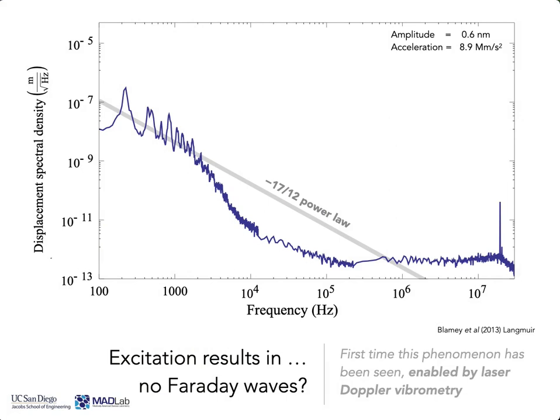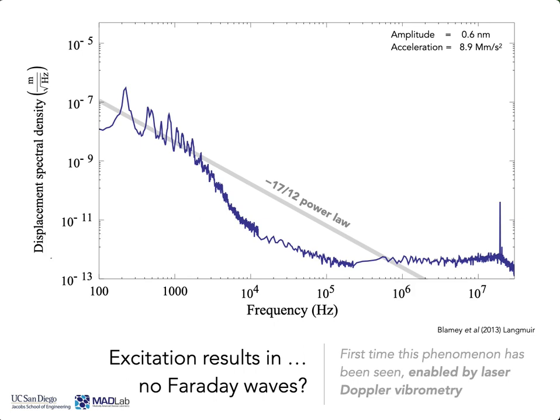But back to atomization, when we go through the trouble of exciting the fluid surface at, say, 20 to 25 megahertz, shown with a very narrow, large peak at the right-hand side of this plot, we see that there are actually no Faraday waves at all.